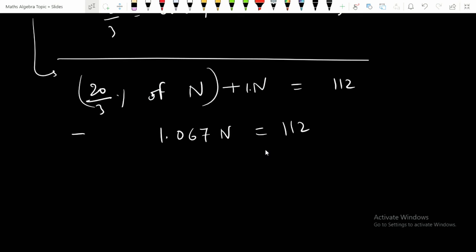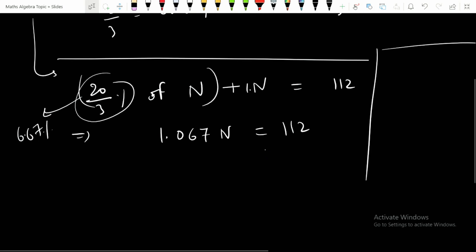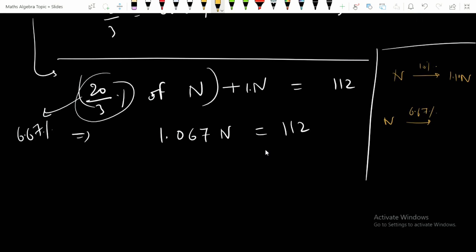Why? Because this is 6.67 percentage. Suppose n is here and we have to increase 10 percentage, what do you do? It is 1.1 n. So n is here, and we have to increase 6.67 percentage. It will be 1.0667.